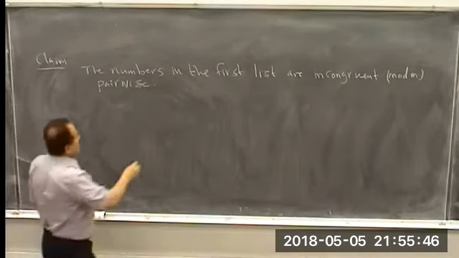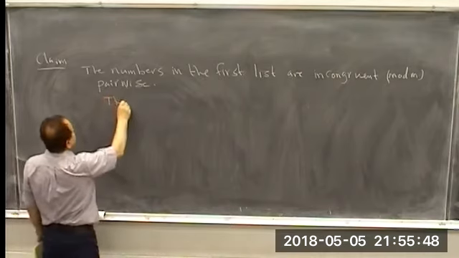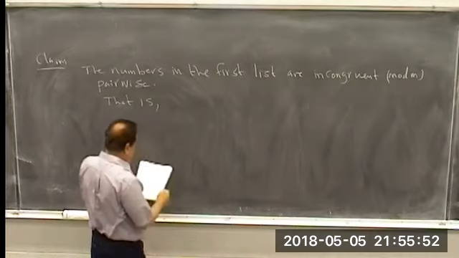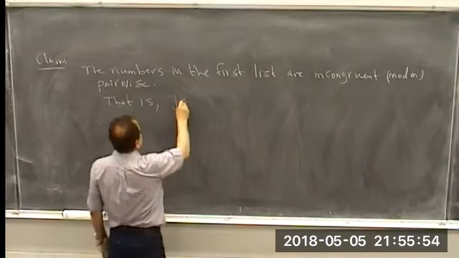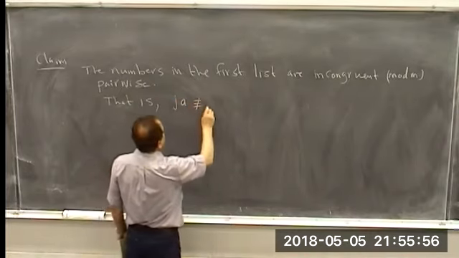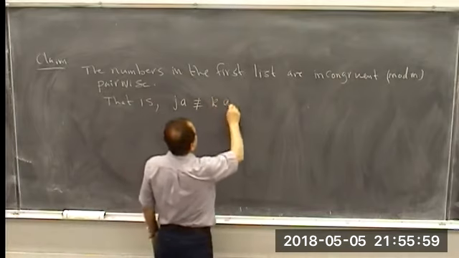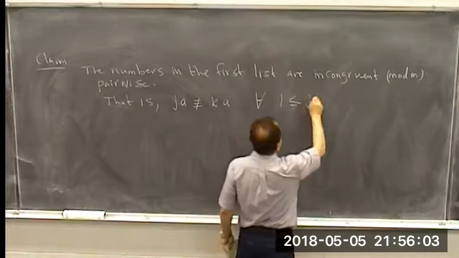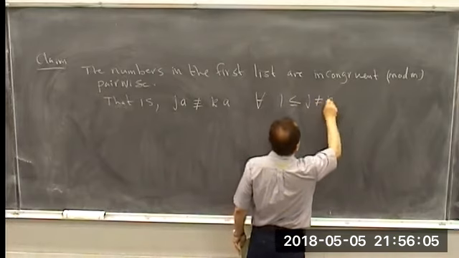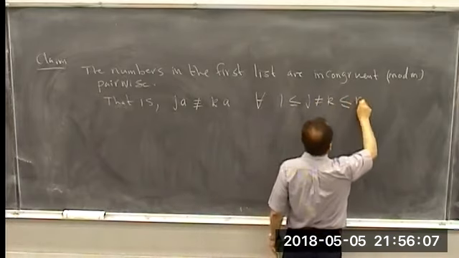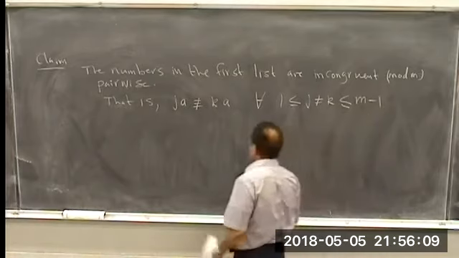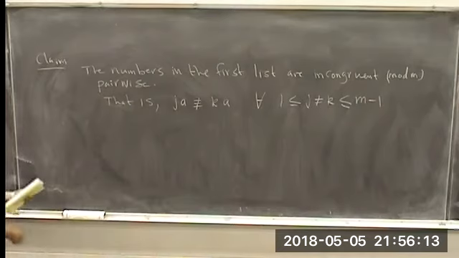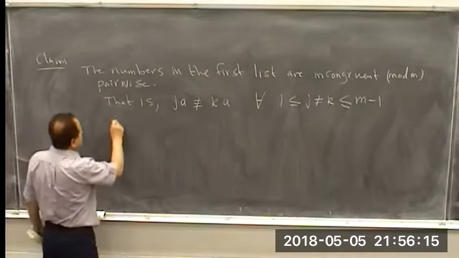What does this mean again? That is, jA is not congruent to kA for every j not equal to k, both less than or equal to m minus 1. So all integers between, as long as they are not equal to each other. Again, I'm going to prove this by contradiction.